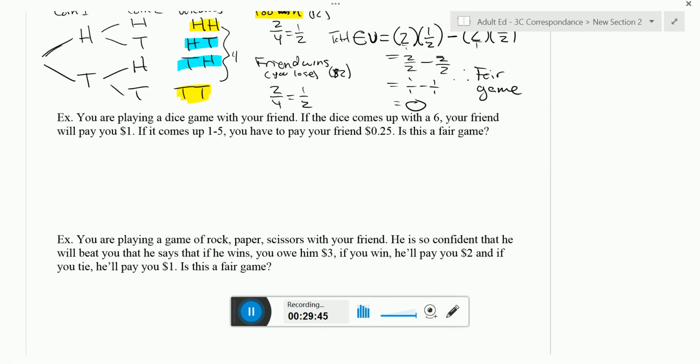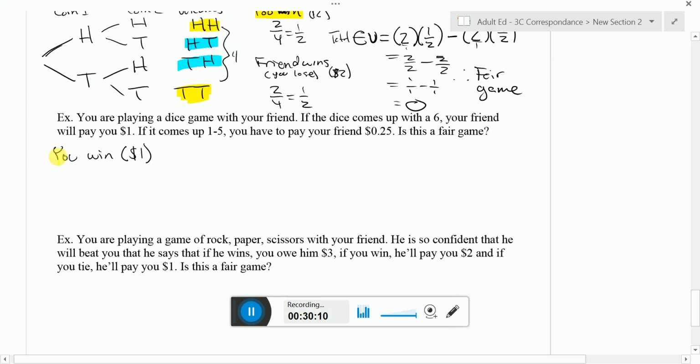Now, the next one, you're playing a dice game with your friend. If the dice comes up with a 6, your friend will pay you $1. If it comes up 1 to 5, you have to pay your friend $0.25. Is this a fair game? Now again, if you win, you win $1.